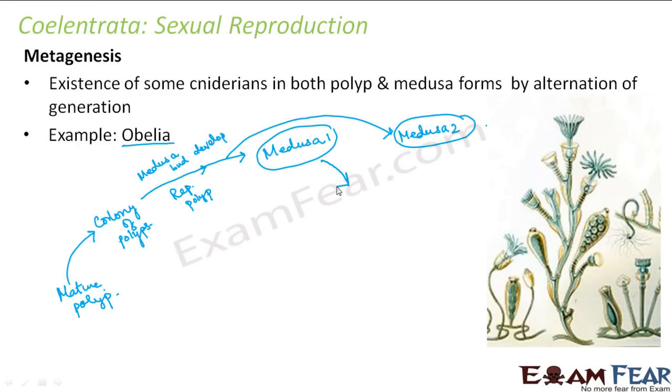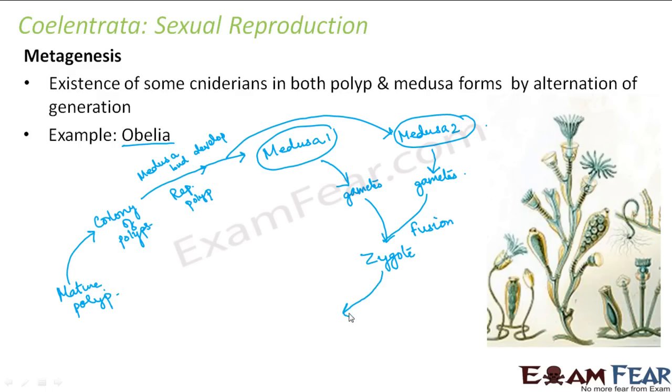Now this medusa 1 will give one type of gametes, medusa 2 will give different types of gametes. So this will give gametes, this will also give gametes. And then these two gametes will fuse together.